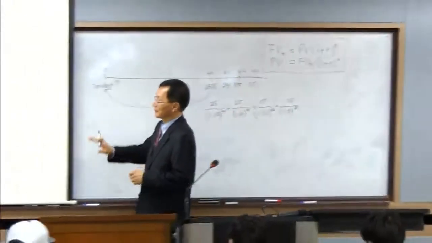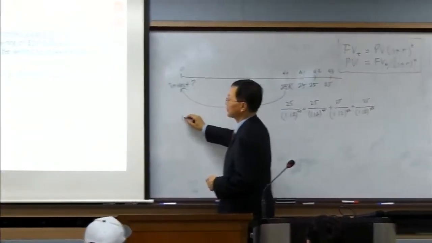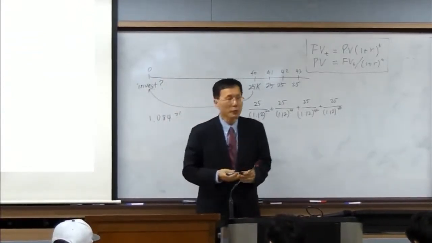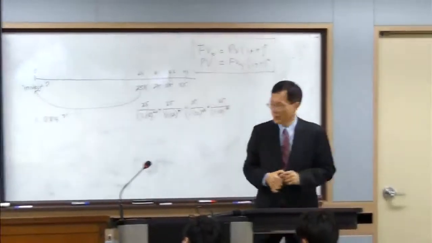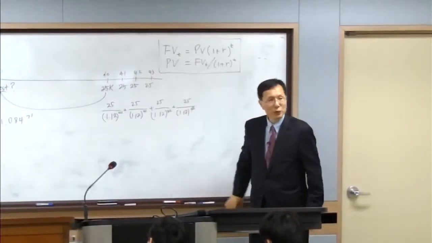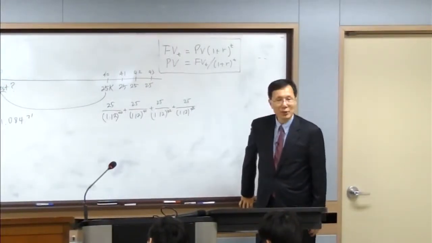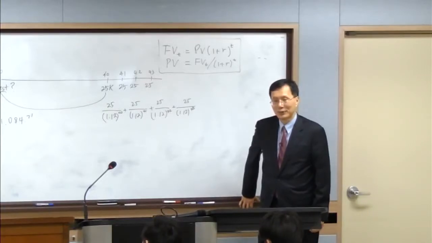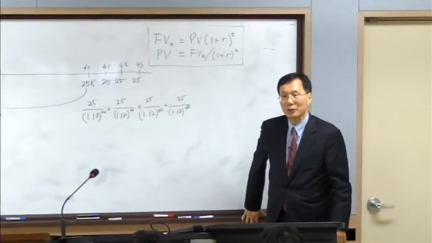And the answer is 1,084.71. Little more than $1,000 you invest, and in 40 years you will have more than $100,000. So this is the power of compounding.